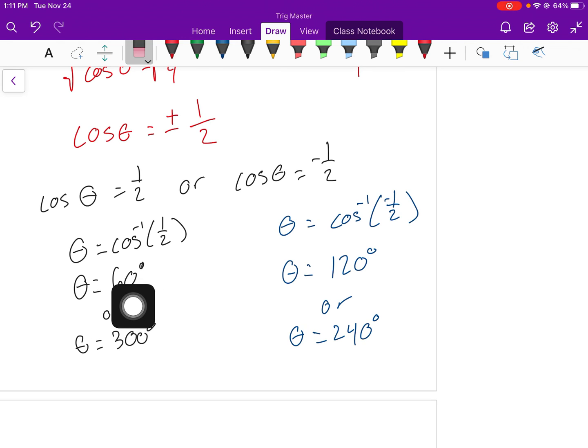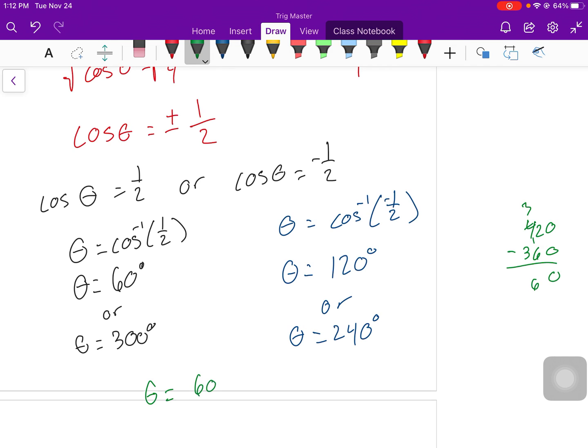But I know 60 plus 180 equals 240. If I do 240 plus 180, well, that's 420 degrees. Well, 420 degrees is just 60 degrees again.